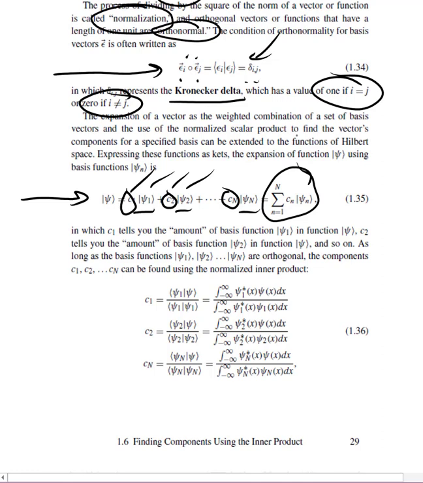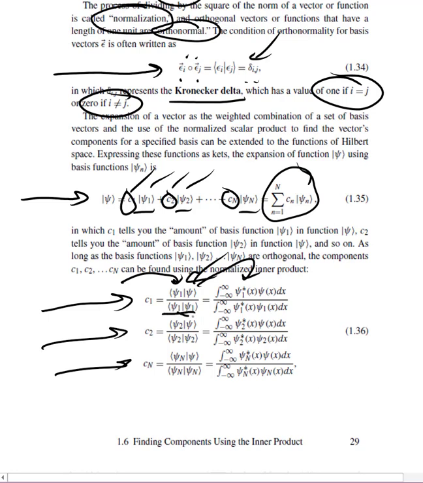And we can use the exact same approach we just did for vectors to find out what those amounts are. If you're given a function psi and you know your basis functions, psi 1, psi 2, etc., you can use this inner product. There's the inner product of psi being projected onto the first basis vector. Remember to take the complex conjugate of the first member of the inner product.